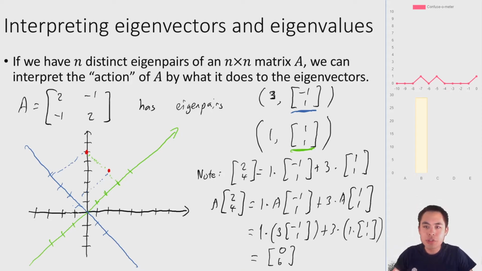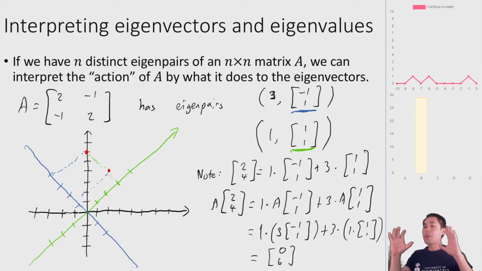Okay, so unfortunately I didn't draw it super well, so it's a little bit hard to see. But basically what we're saying is that we can rewrite our original point 2, 4 in this new basis. So we have a new coordinate system, and in that new coordinate system, you're going 3 along the green axis and 1 along the blue axis.